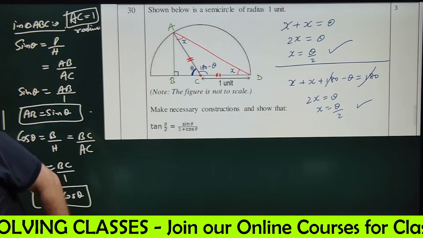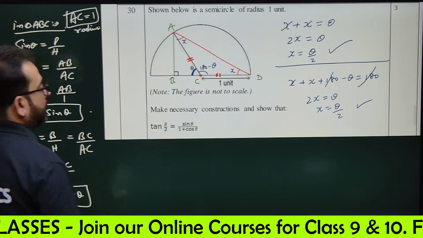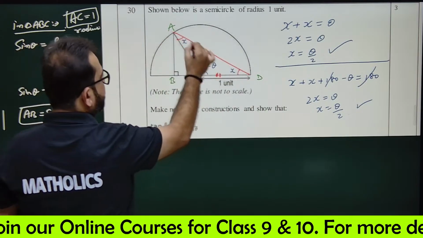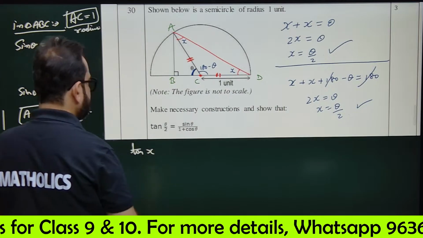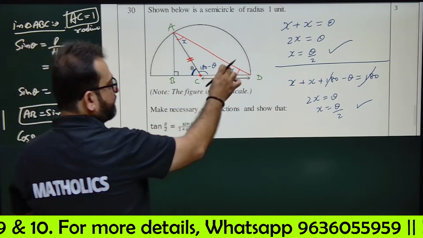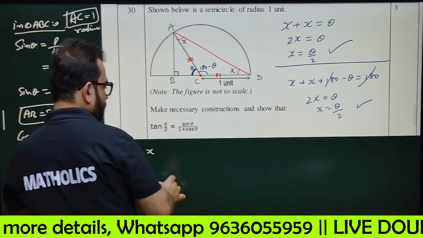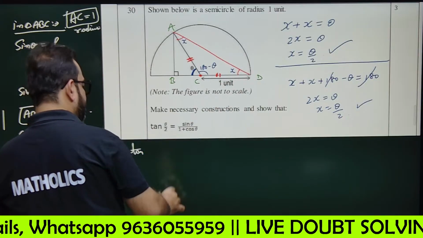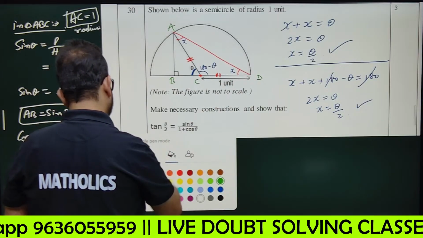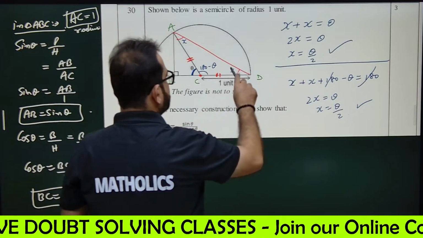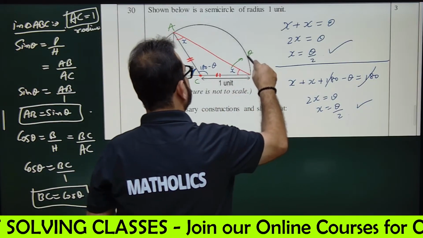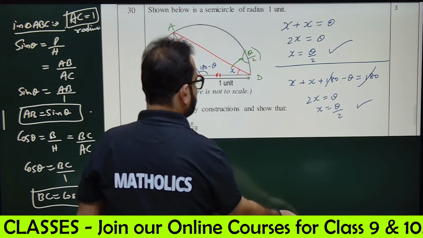Now see, the magic starts now. If you consider this bigger triangle, we have to prove tan theta by 2. Can I directly write it as tan theta by 2? Theta by 2 is the angle. This angle came out to be theta by 2, right?